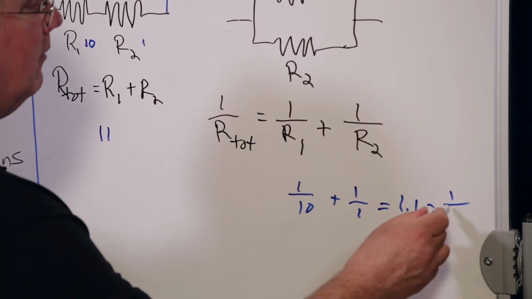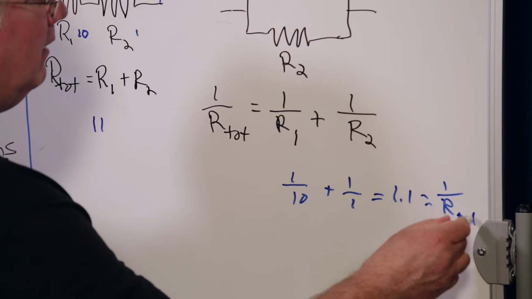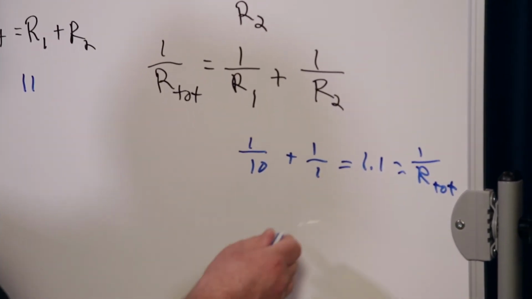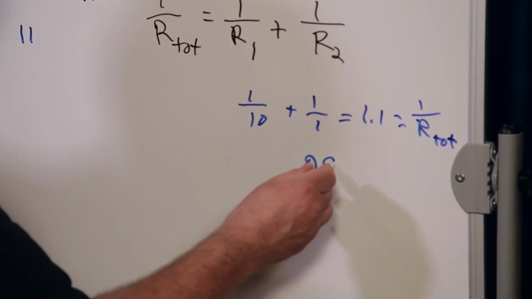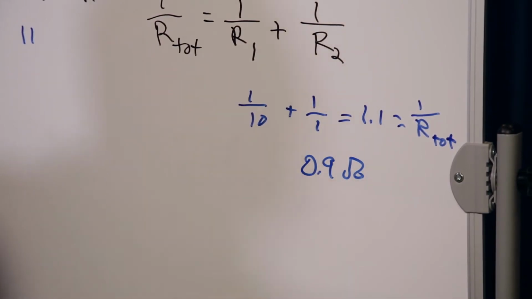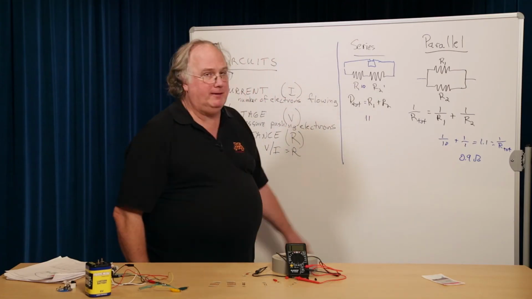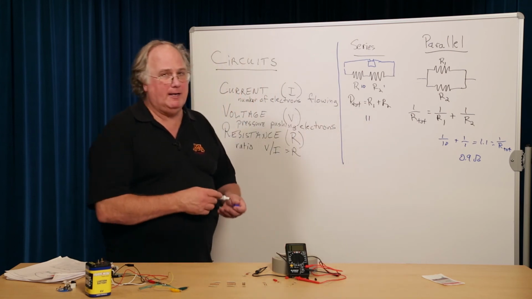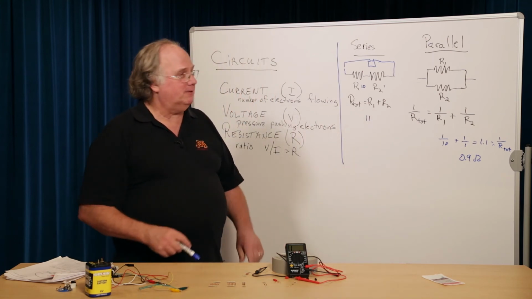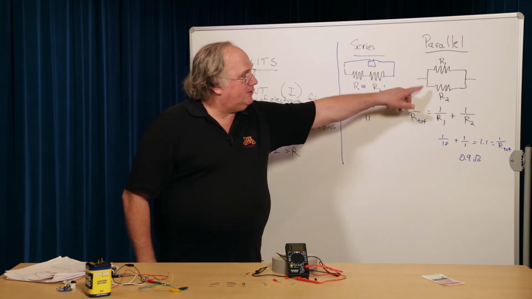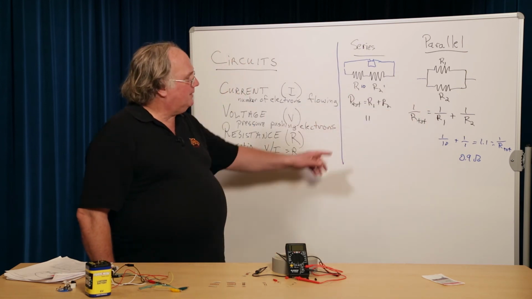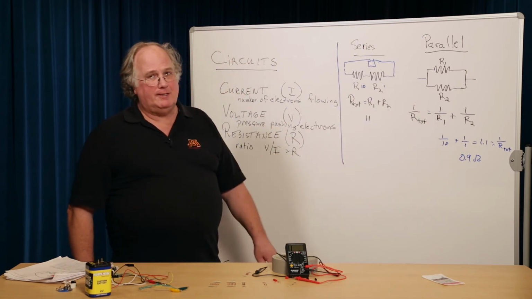That's equal to 1 over R tot. And 1 over 1.1 is about 0.9 ohms. So this one you get 11, this one you get less than 1. Connecting resistors in parallel gives you very different resistances than connecting them in series.